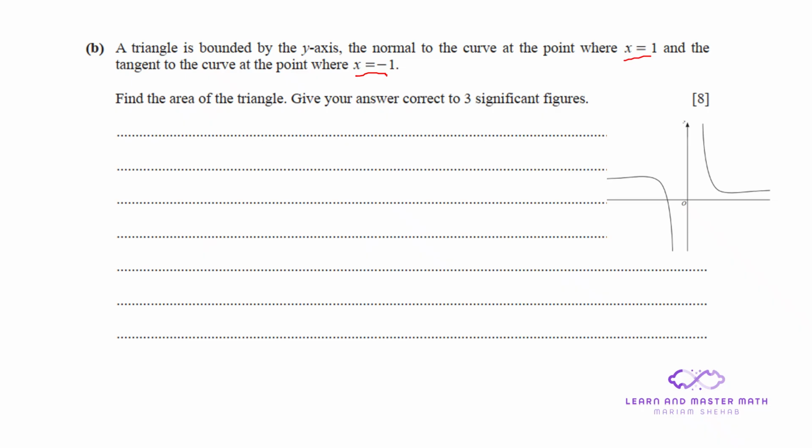Before we start, let's see the plan for this. So let's work step by step. First, we need to talk about the normal at x equal to 1. So imagine with me here you have a certain normal. The normal is always perpendicular to its tangent. So there's a normal line here.